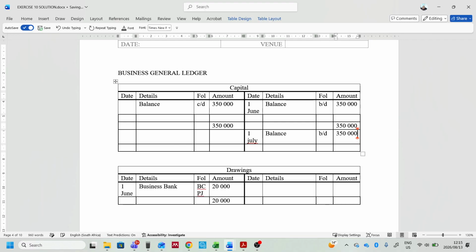But at a later stage, we need to close this account off to what? To the capital account. So when you close this off to the capital account, the balance will not be exactly 350 anymore.